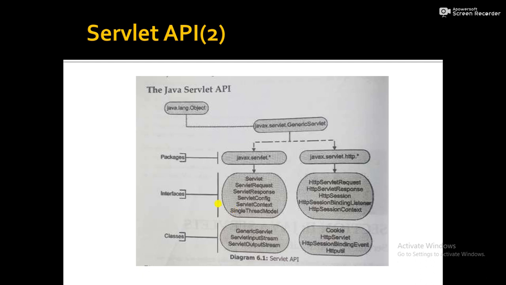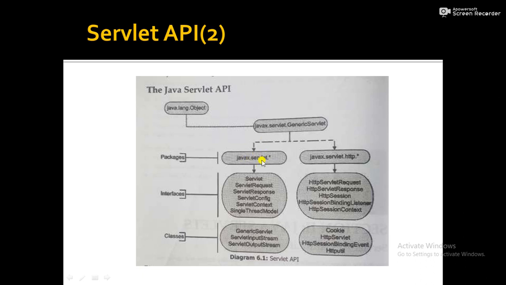Here the javax.servlet package is the core package of Servlet API. The javax.servlet package includes the basic servlet interface, which all the servlets must implement in one form or another, and an abstract GenericServlet class for developing a basic servlet class.